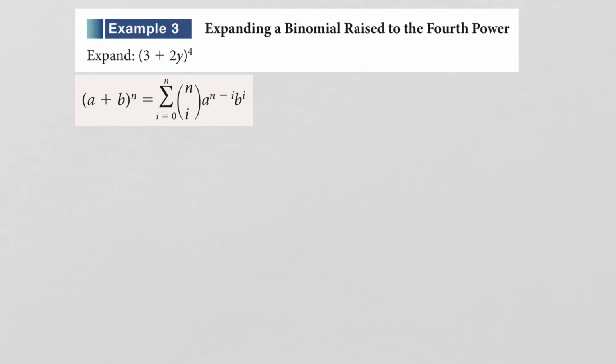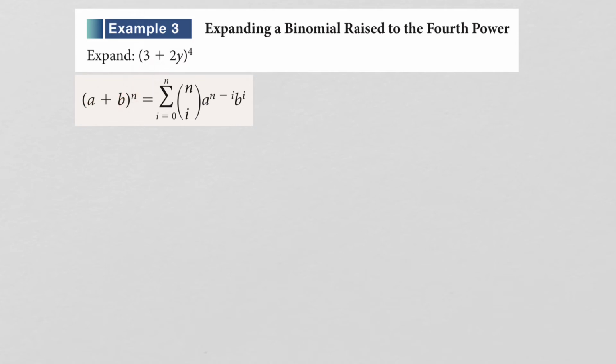So for our next example, we want to expand a binomial raised to the fourth power, but this time you'll notice that instead of having a plus b on the inside, we have 3 plus 2y. So 3 is like our a, and 2y is like our b.